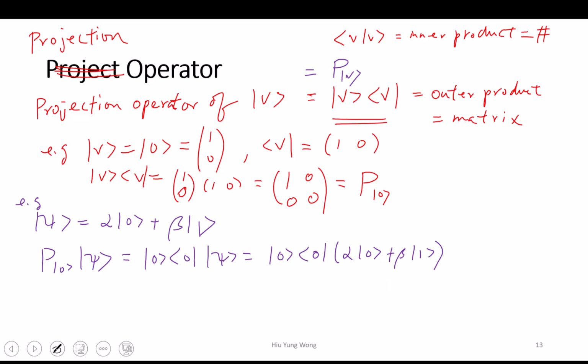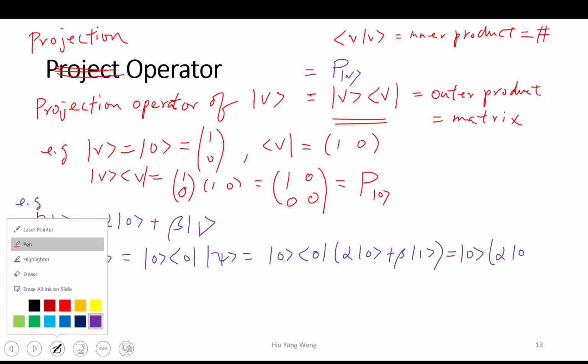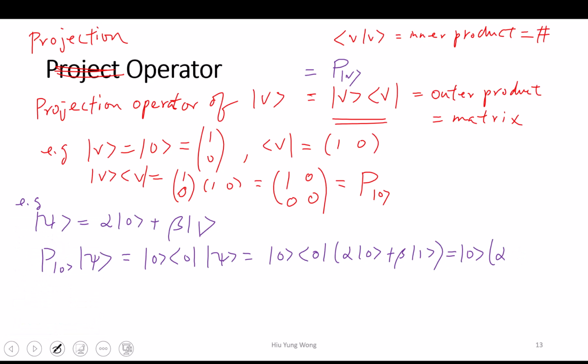And then it's linear. Again, this is very important. It becomes |0> times alpha <0|0> plus beta <0|1>, right? Because I can bring this in and then bring this in, and I can keep this out. If you want, you can bring this in also. It's the same, but they fulfill this associative law.